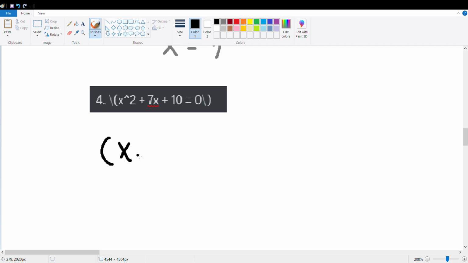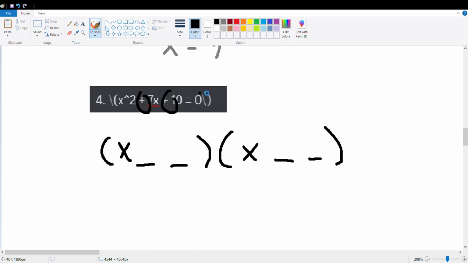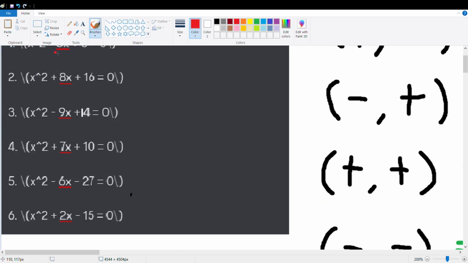So you start off with x blank blank, x blank blank, and since both are positive, we are going to be using positive here, and 10 has factors of 5 times 2, so we're just going to use 2 times 5, because 2 plus 5 is 7, 2 times 5 is 10, both are positive, so yes, it fits. Alright, so number 5 is negative and negative.